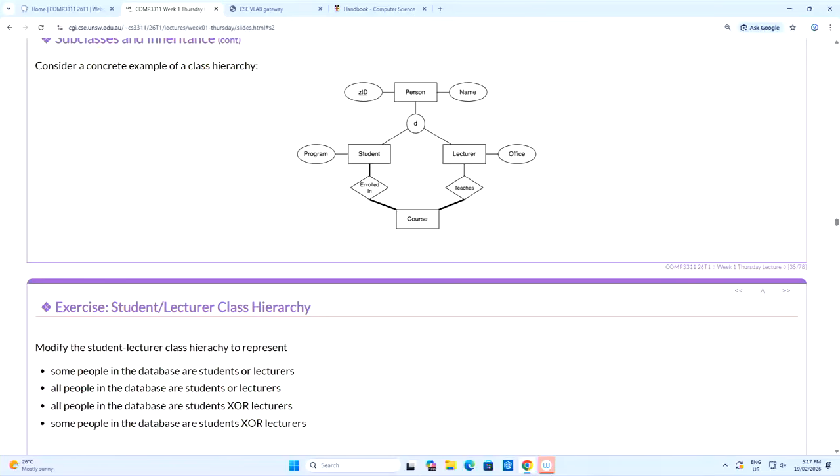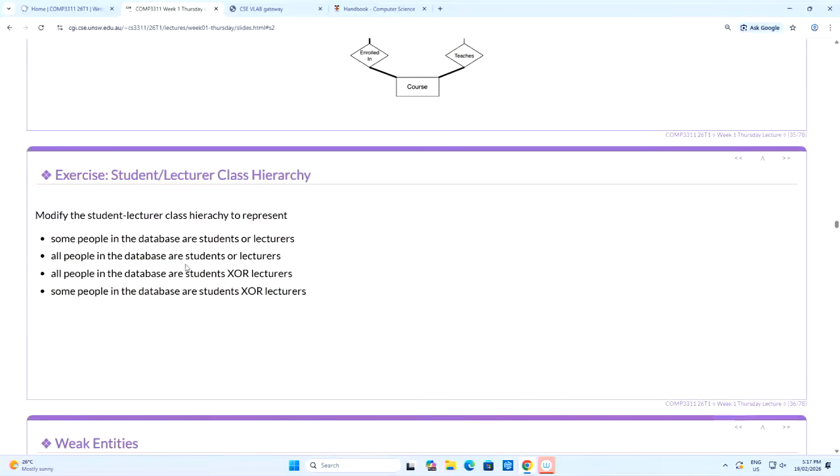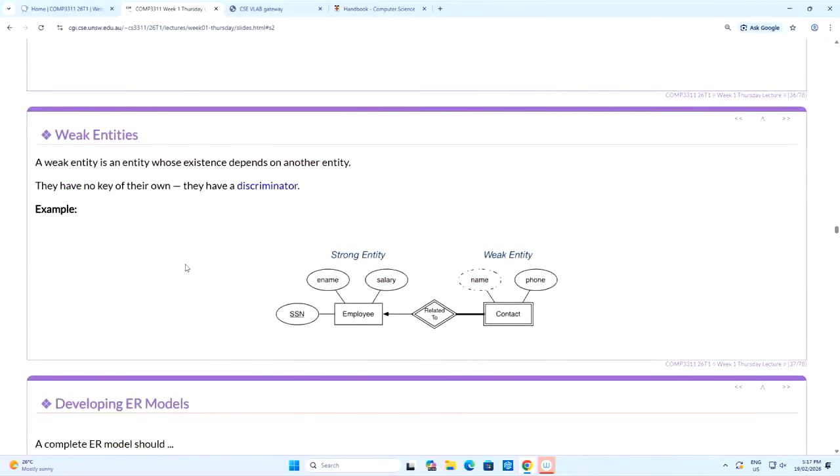We're not making claims about everyone. So this is a partial participation. And then they are either students or lecturers, so basically this is a mutually exclusive case. So we put disjoint over there. So this is basically the ER diagram right now. Okay, that could be very tricky.